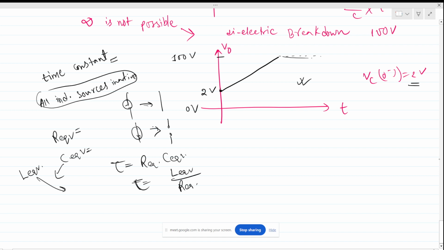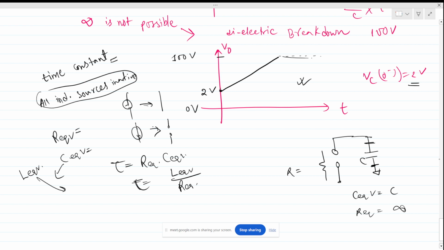For this circuit, if the source is open circuit, the circuit looks like this. Here we can see that the equivalent capacitance is nothing but C itself. But what will be the R equivalent across this C? R equivalent is nothing but infinity here, because the open circuit has an impedance of infinity.